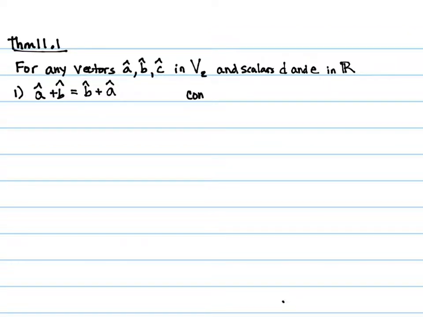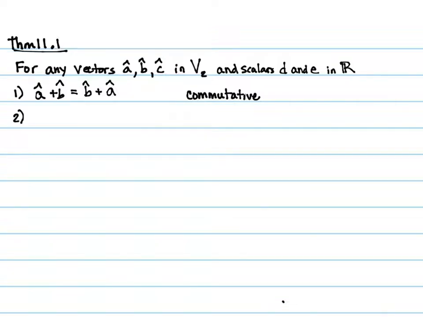It's the commutative property. I won't write the word property on all of them because they're all going to have it after them. But this is commutativity, being able to commute. So that's the first one.